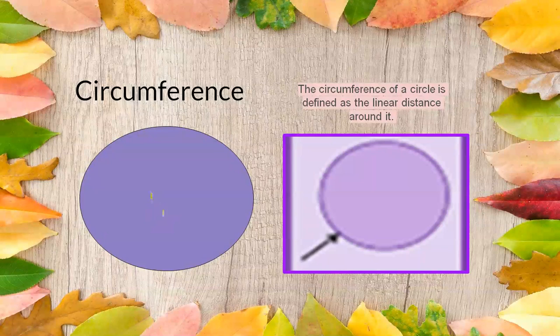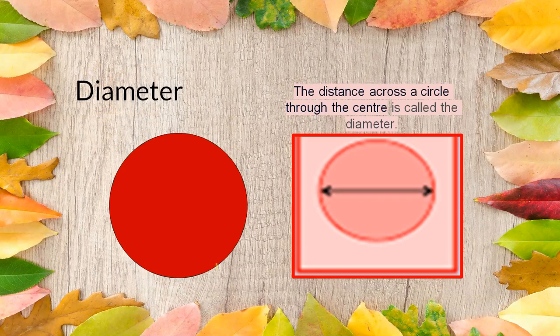While in other shapes, the boundary is always known as the perimeter. But in a circle, it's quite different, so you take circumference.